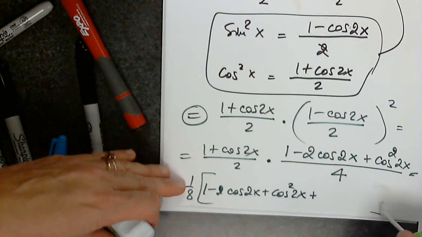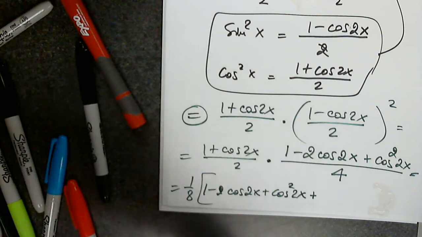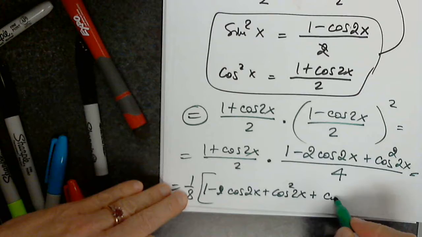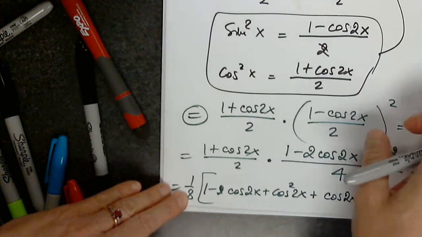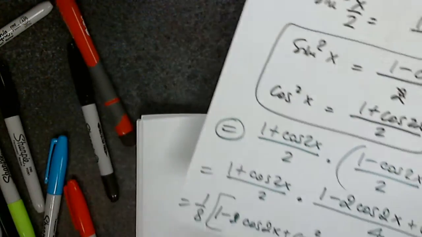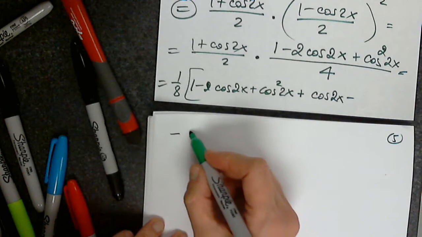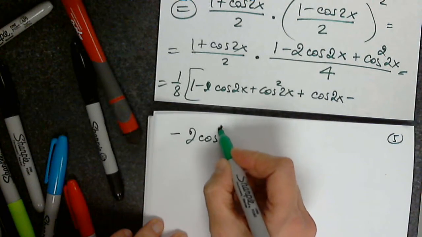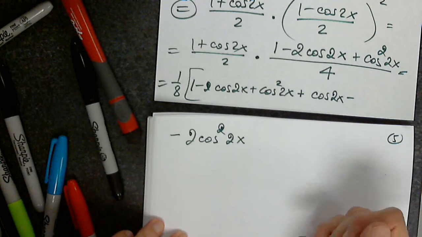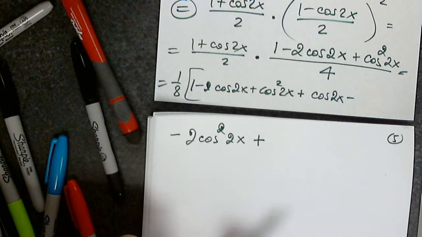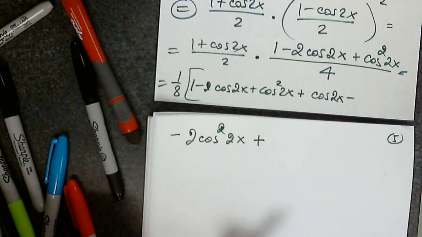So we got cosine twice x. So plus cosine twice x. Very good. Plus cosine twice x minus, yes? 2 cosine squared. Exactly. So I got in trouble again, but I have no choice. So minus 2 cosine squared twice x, and plus, you are going to say correctly cosine cubed of twice x. I'm not going to multiply it though.